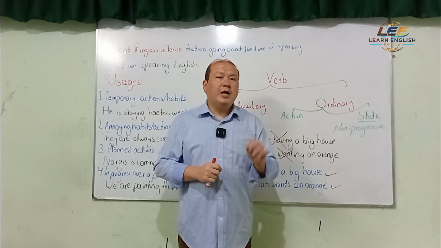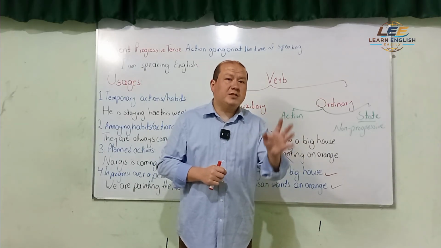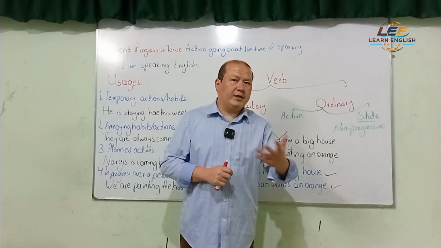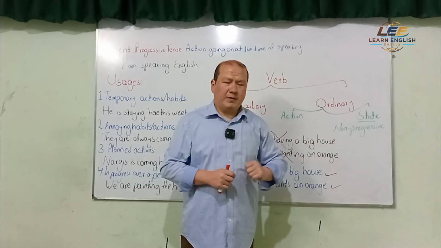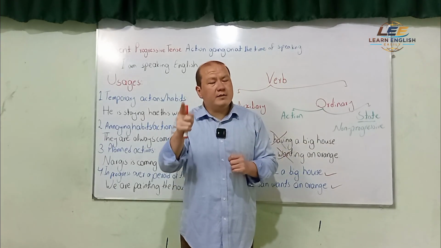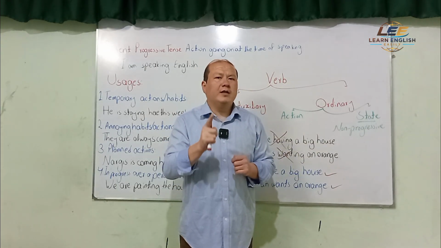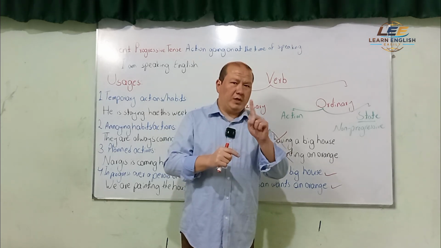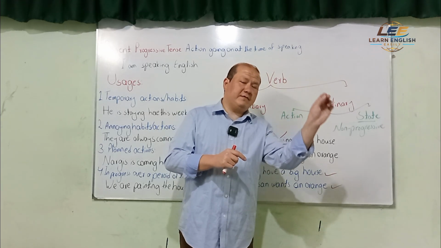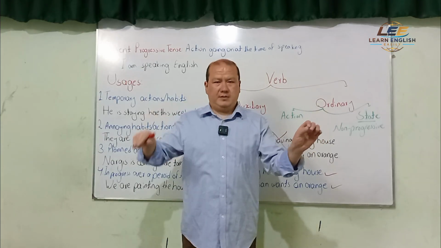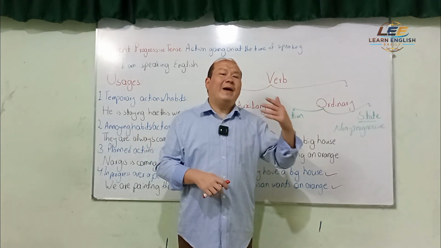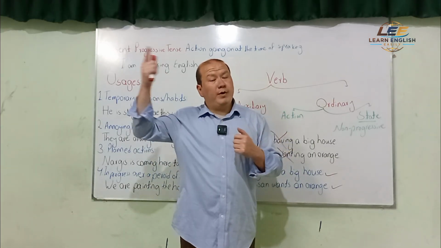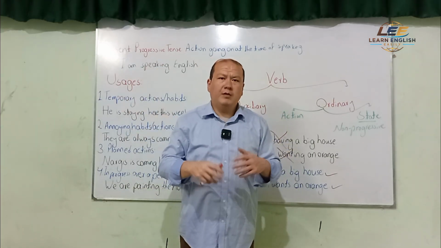If it is present perfect progressive tense and the main verb is a state verb, again, you will go one tense back. Which tense will you use? Present perfect tense. You will change present perfect progressive tense to present perfect tense. Same case, past perfect progressive tense, you will change it to past perfect. Future perfect progressive, you will change to future perfect.